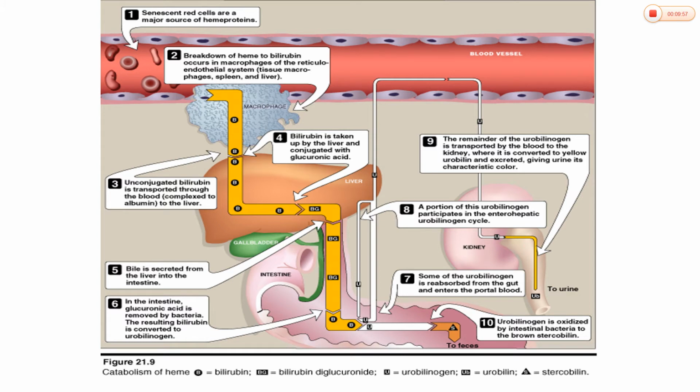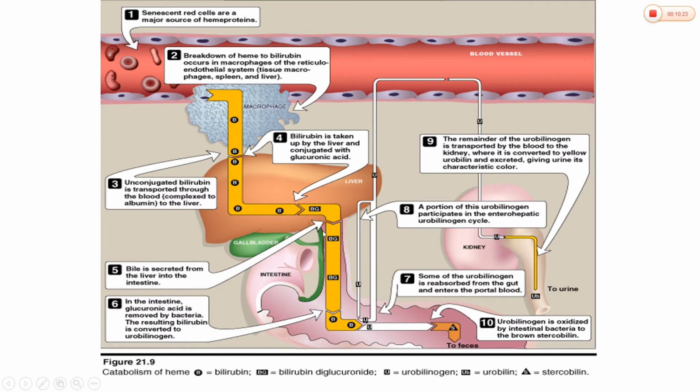Further, this bilirubin is taken up by the liver and conjugated with glucuronic acid, and then it is secreted from the liver into the intestine.